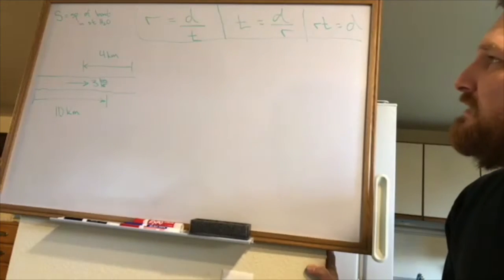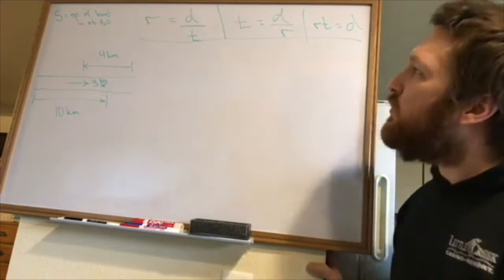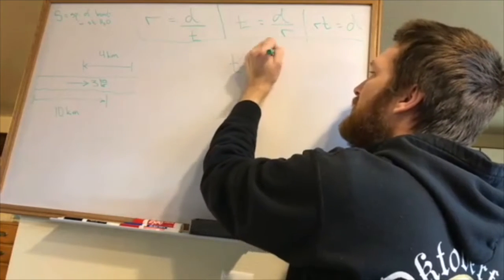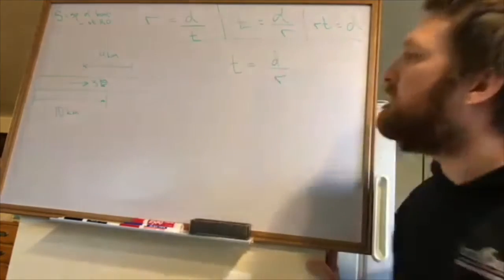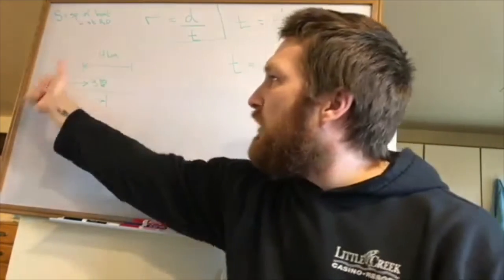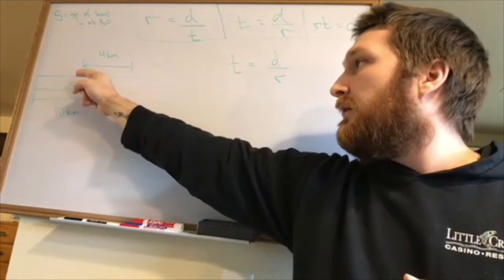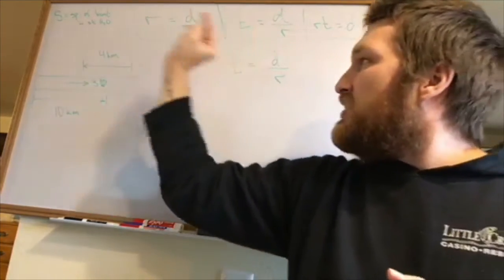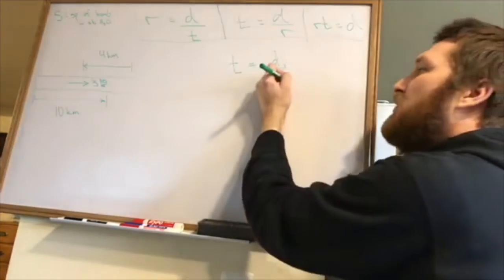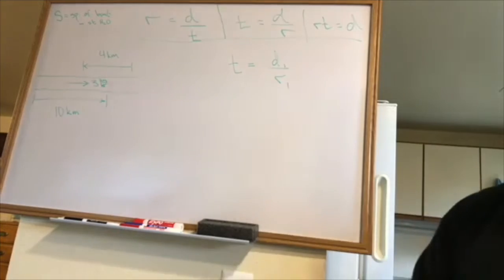When you're given something like this, when it says the same amount of time, what I'm going to think is, since time is equal to distance over rate, right? We're going to call this trip going upstream trip 1. The first distance that it traveled at the first rate that it traveled, D1 over R1 is equal to that time.